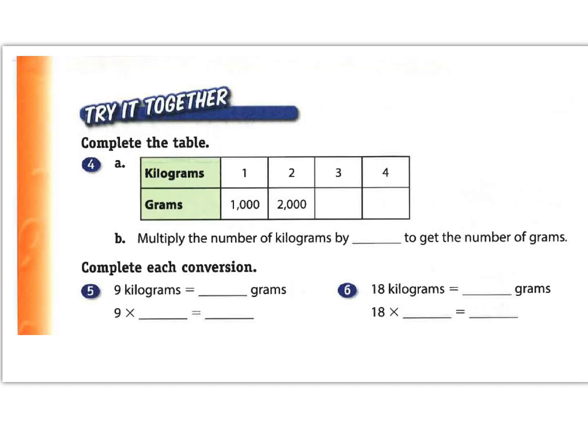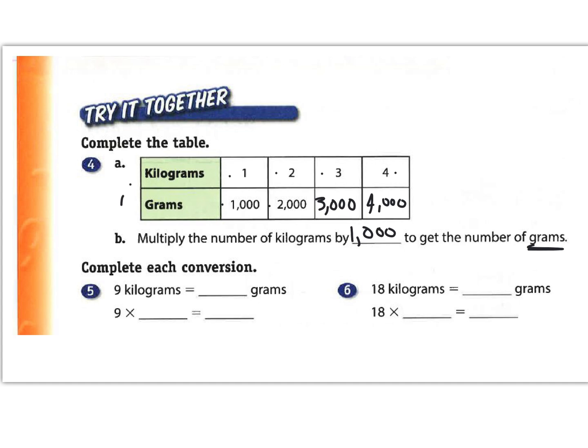So for completing the table here, now we're doing kilograms to grams. Well, guess what? It makes it kind of easy when it's metric units because 1 kilogram is the same as 1,000 grams. 2 kilograms, 2,000 grams. 3 kilograms, 3,000 grams. 4 kilograms, 4,000 grams. So we multiply the number of kilograms by 1,000 to get the number of grams.